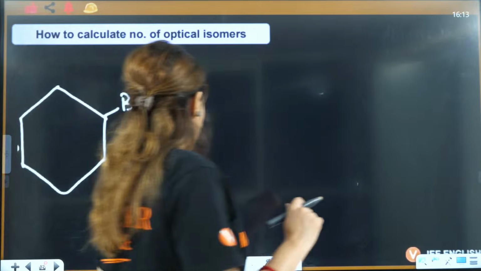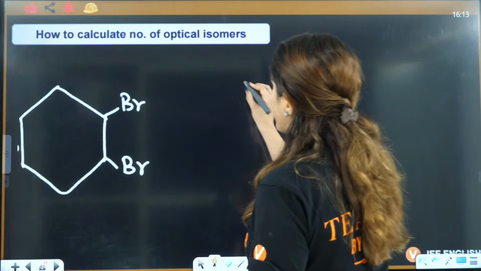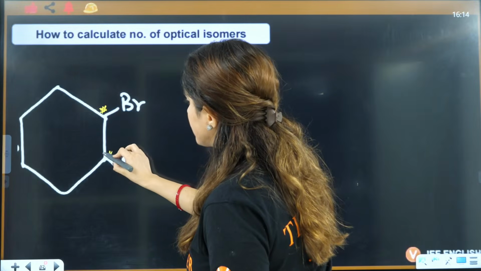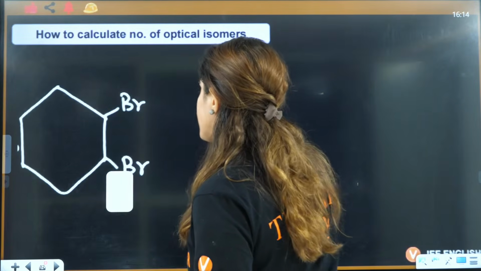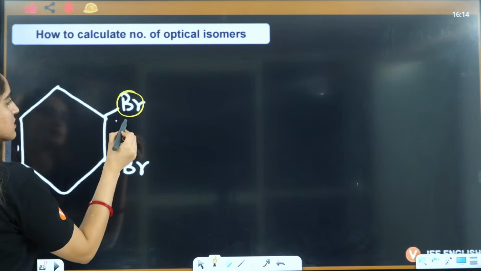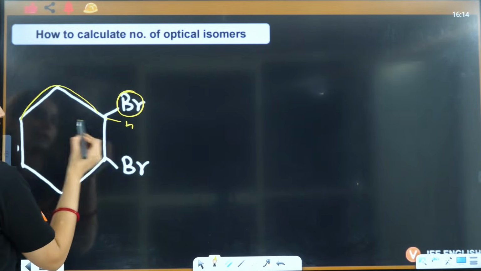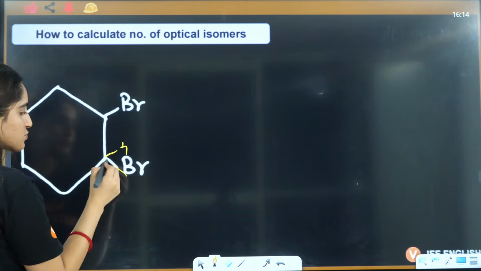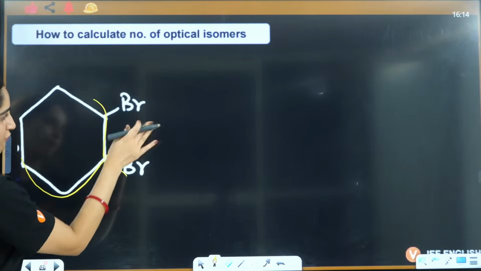Now in this case, you have a POS. This is bromine, this is hydrogen, and here you have different groups, here you have different groups.